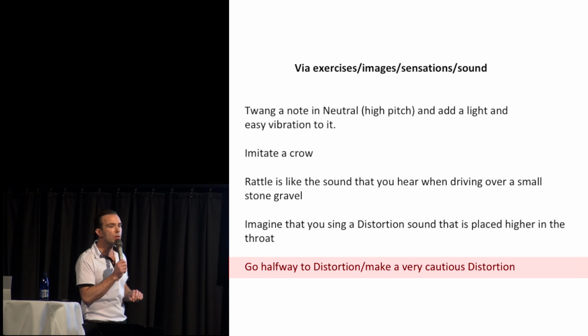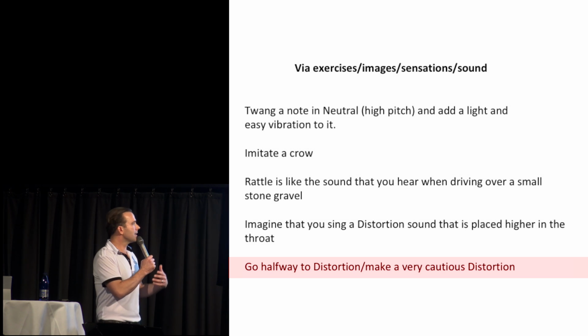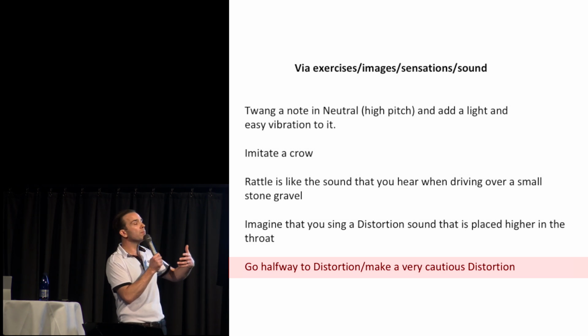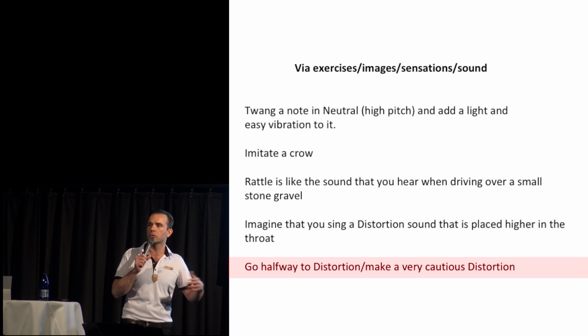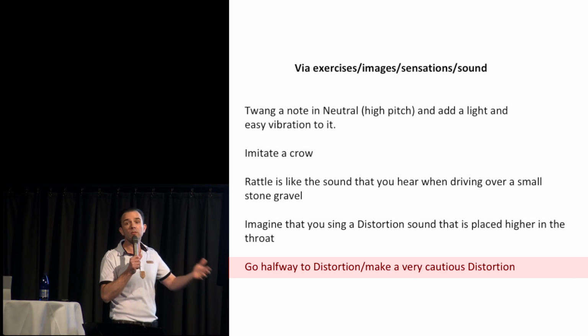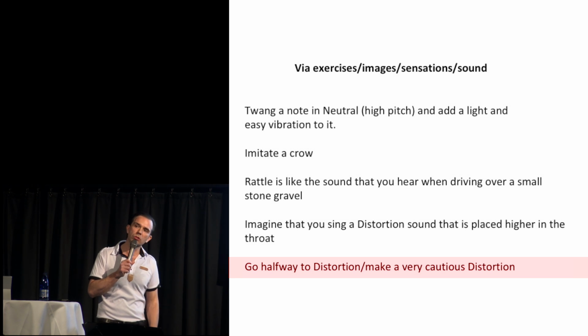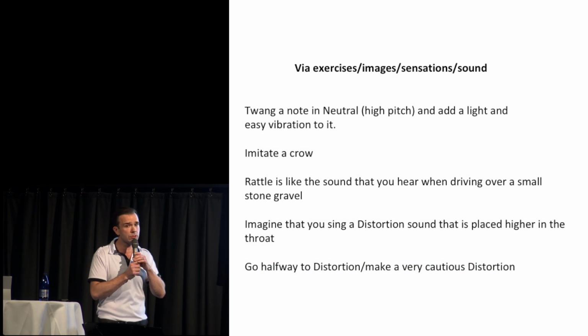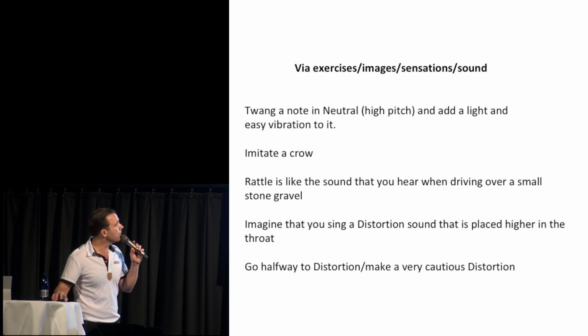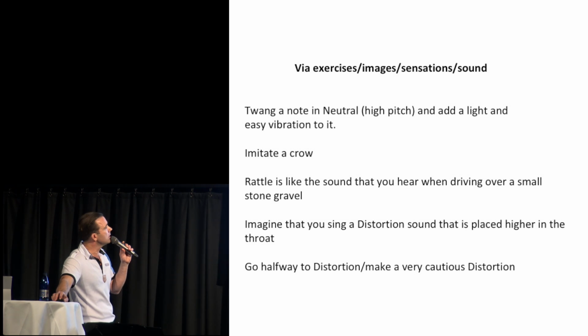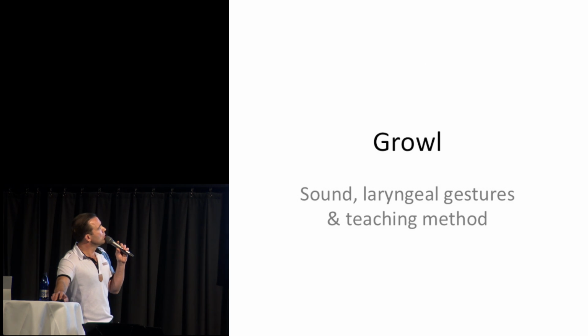For people that have been working with distortion, it could seem like they're moving halfway towards the distortion in terms perhaps of energy. Another image could be to make a very cautious distortion. So these are some of the tricks that we're using when teaching this or when we're trying to sing the rattle. So moving on to growl.